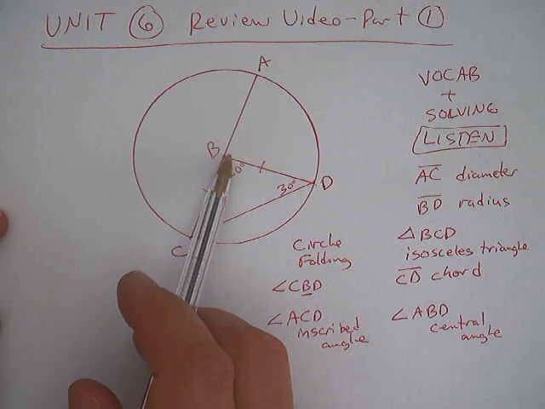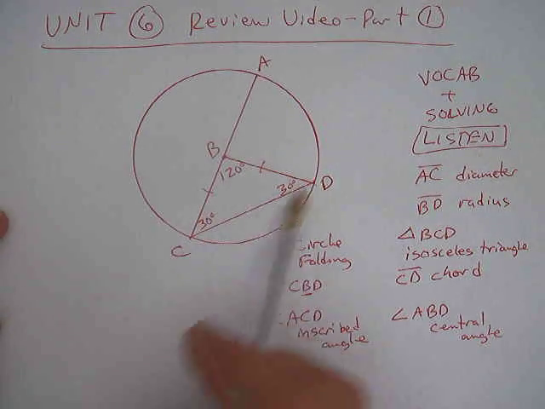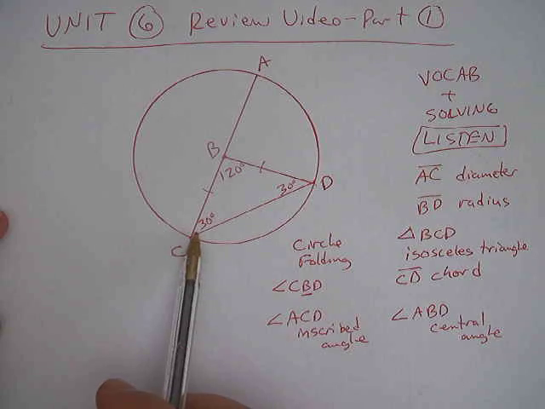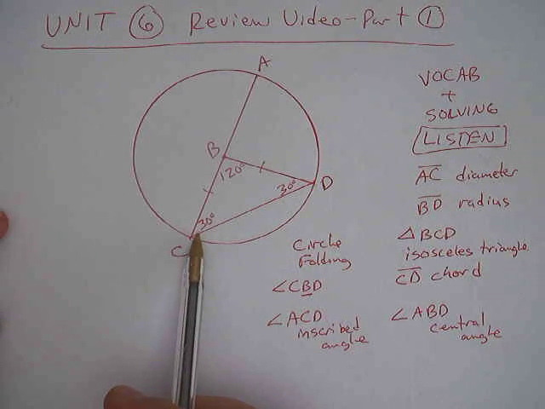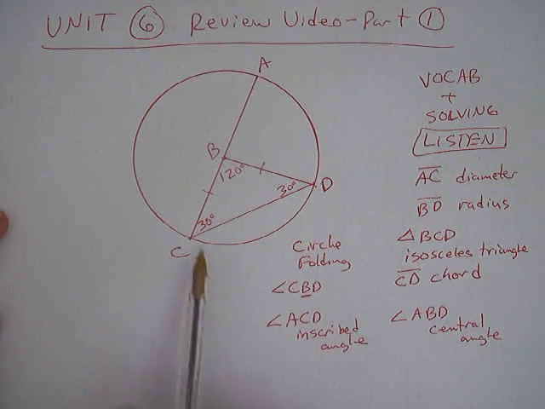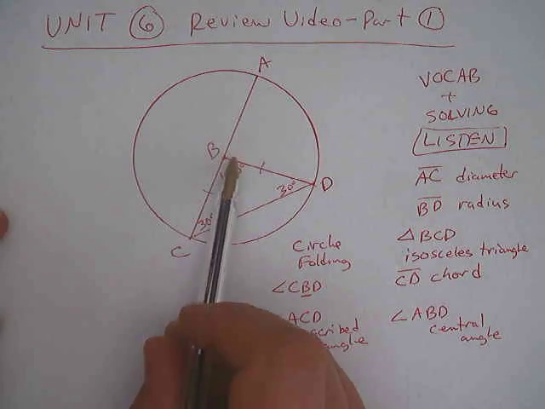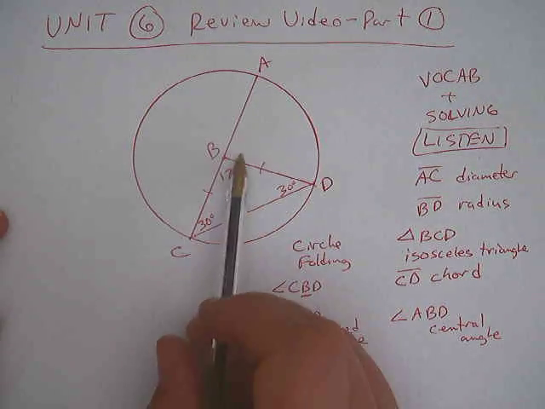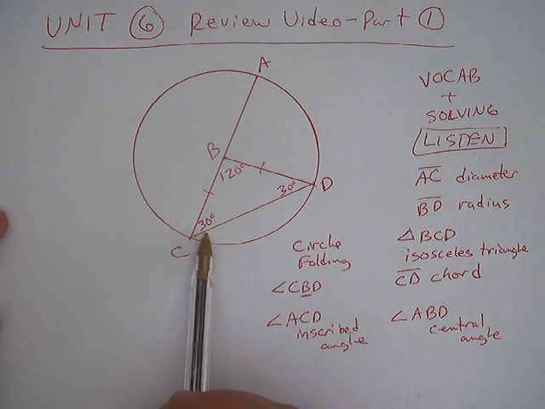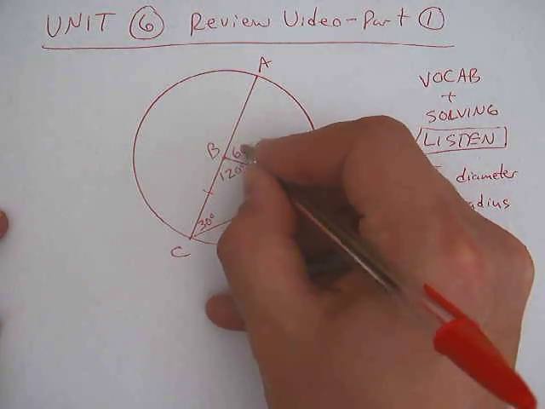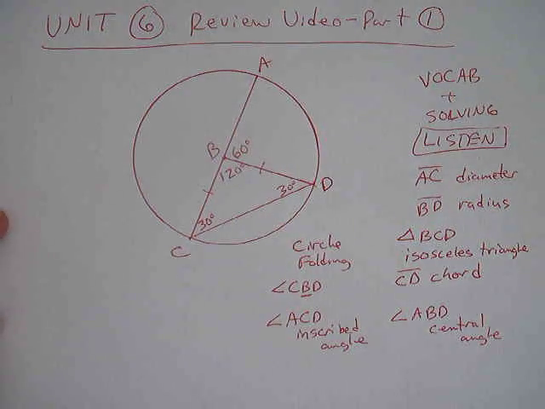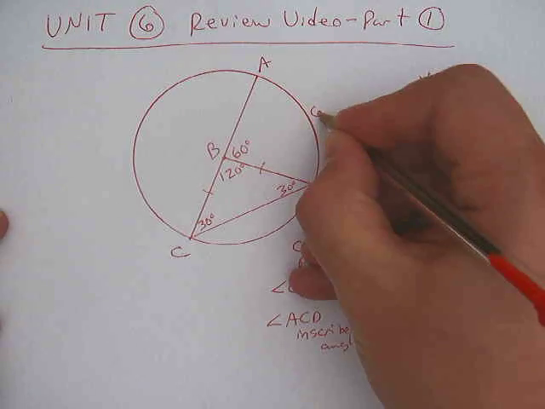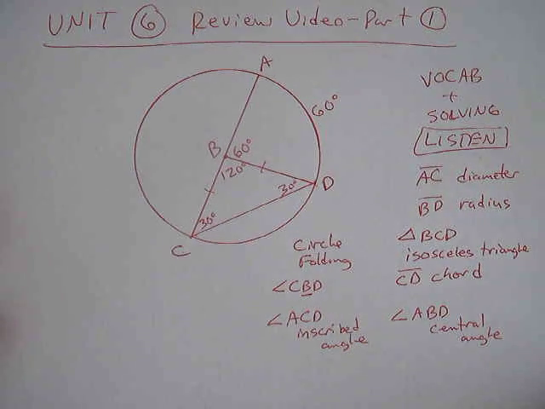The difference is that for ABD, the vertex is in the center of the circle. For ACD, the vertex is on the circle, right here. Now we know that the inscribed angle is half of the arc and half of the central angle. So if this is 30, this angle is going to be 60 degrees, and this is not drawn to scale. And this arc AD is also going to be 60 degrees.